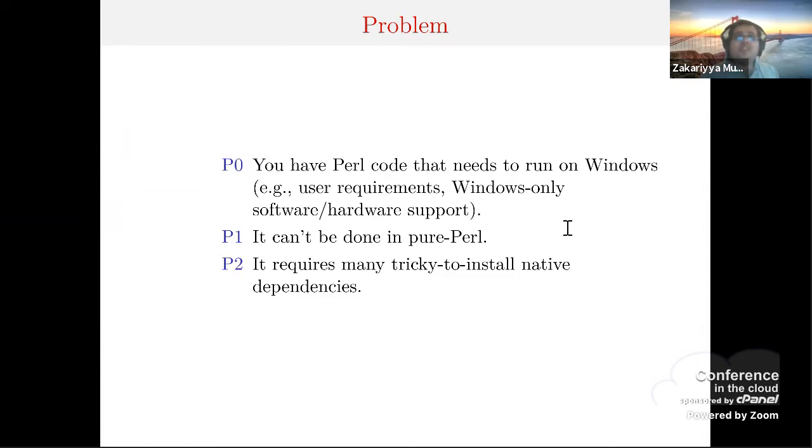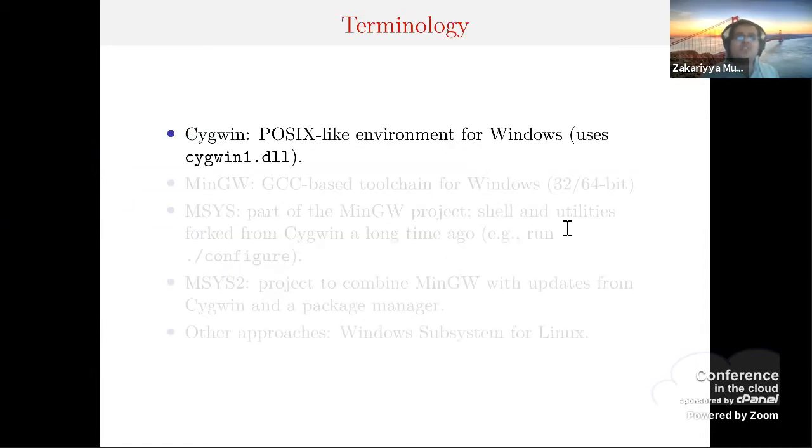Well, let's go over some of the different tools that Windows already had before. So way back, Cygwin came out, and that's just a POSIX-like environment, but it requires you to have this DLL. And that gets distributed. If you ever wanted to share that code with anybody else, they have to have that DLL.